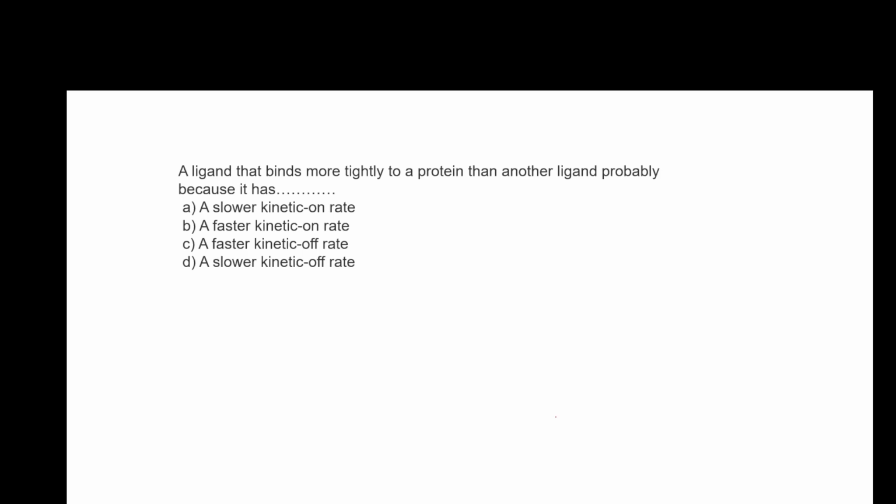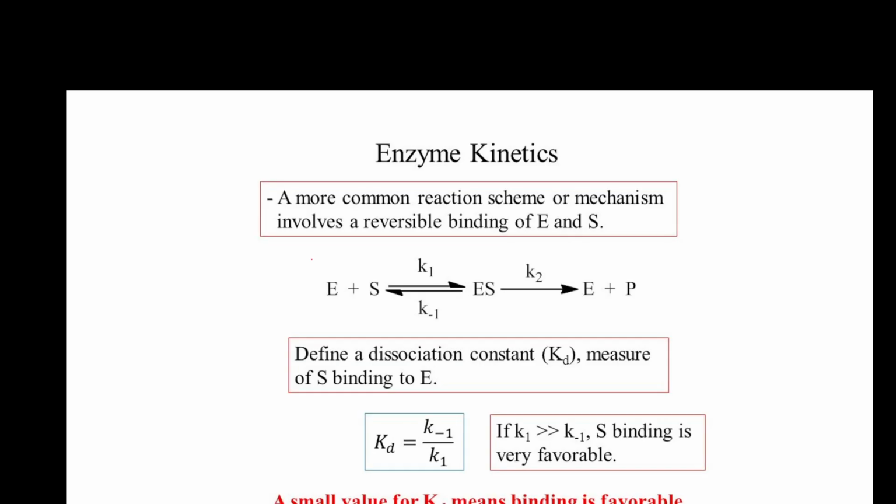So the last question is yes. A ligand that binds more tightly to a protein than another ligand, probably because of what I explained earlier. So if K on is greater than K off, the binding is very favorable.